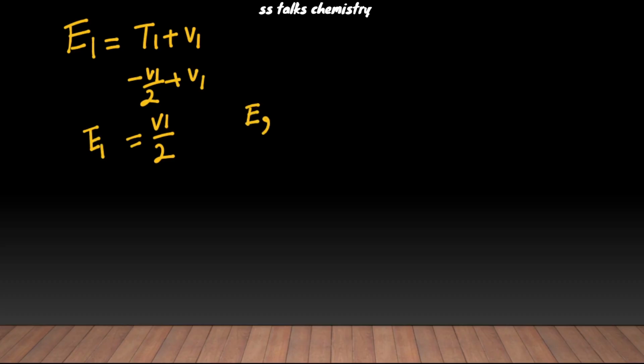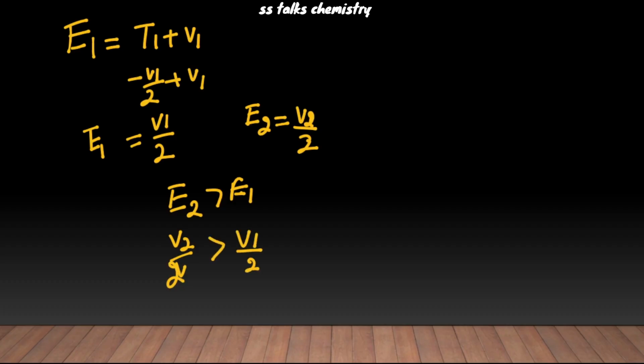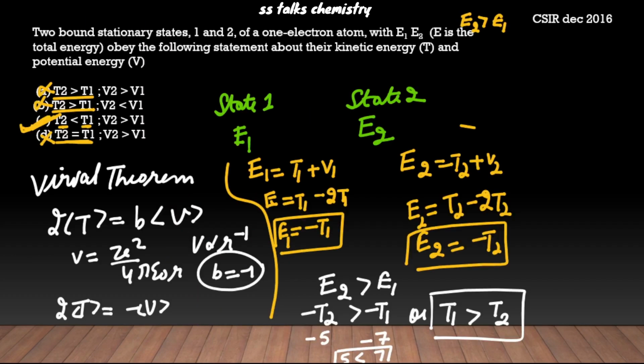In a similar way, the E2 value will be V2 upon 2. Now E2 value is greater than E1, which implies V2 upon 2 is going to be greater than V1 by 2, or V2 is greater than V1, right? So here V2 is greater than V1. Option C clearly becomes the right answer.